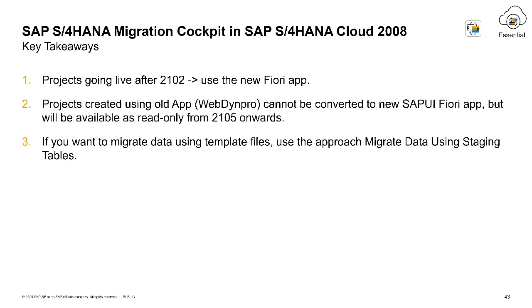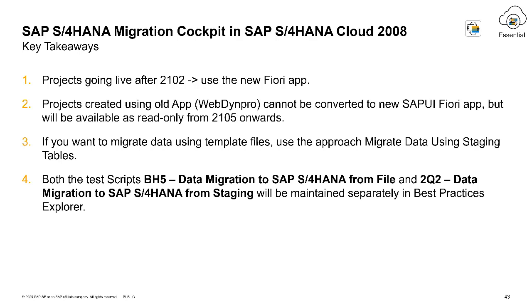So keep this in mind. You can work with template files still, as we have this included in the staging tables approach now. And we have these test scripts, as already mentioned here, and it will be maintained separately for file and for staging.